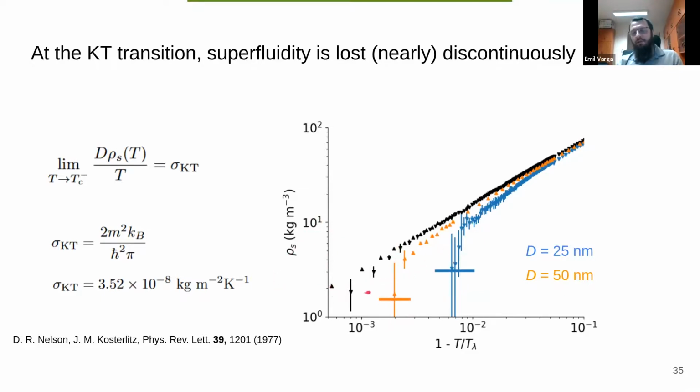It's a logarithmic axis, but it still increases quite significantly, which is due to temperature control. Because the temperature dependence of the superfluid density here is very rapid, and if your temperature control is only about 1 millikelvin, you get a large error bar. And yeah, we see something that's consistent with the Kosterlitz-Thouless phase transition.